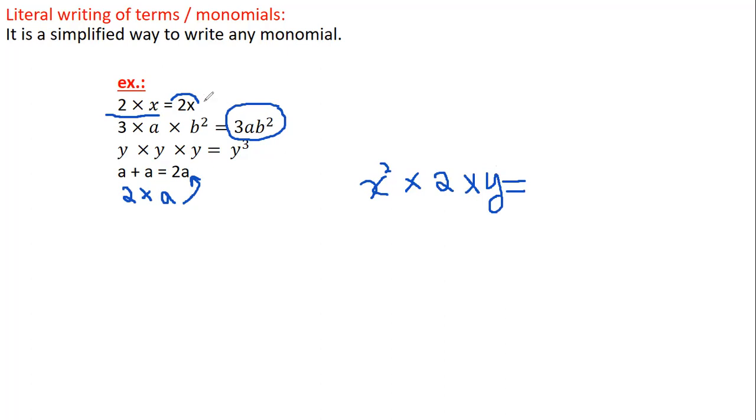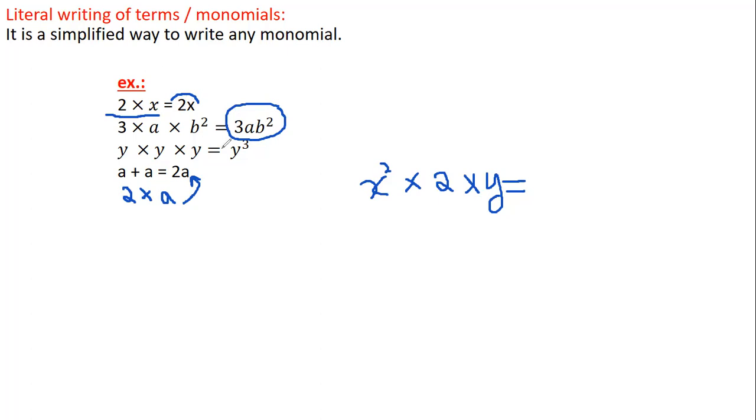As you can notice, we always write sign, coefficient, variable. Here the sign is positive, the coefficient is 2, the variable is x. 3ab squared: sign positive, coefficient 3, variable a, variable b squared. y cubed, what is the sign?